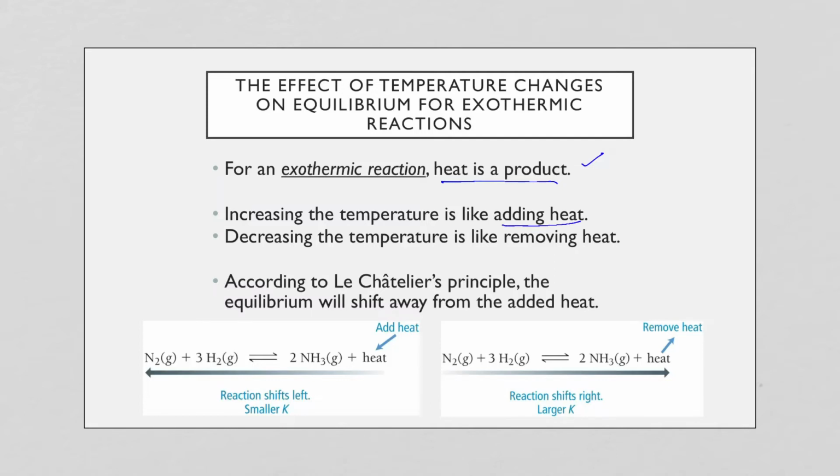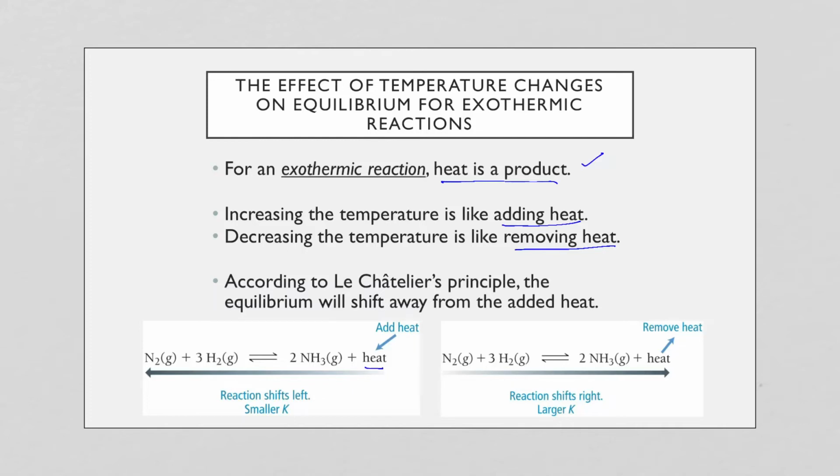If I decrease the temperature, that's like removing heat or removing a product. And so by analogy to what we looked at with the concentration change, we can come up with the following ideas. For an exothermic reaction, again, heat is going to be written as a product.